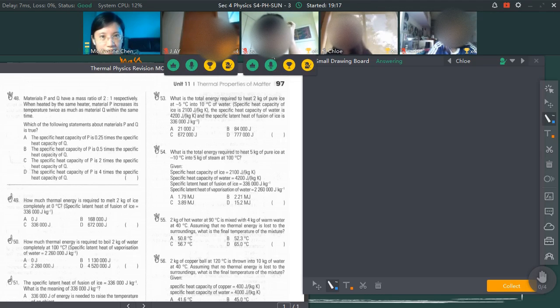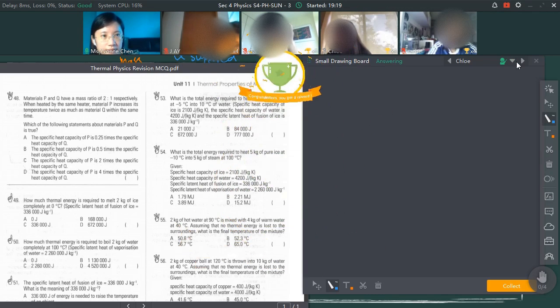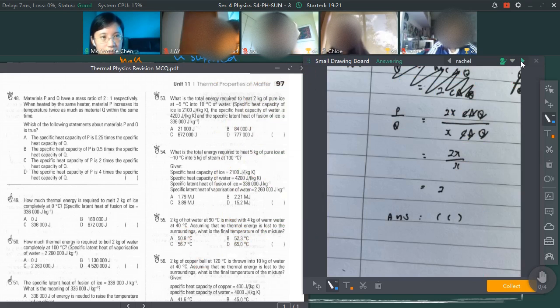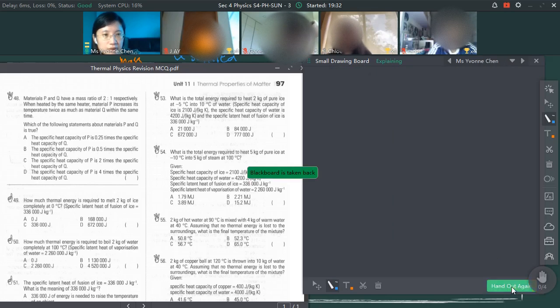Okay, so far Gareth did very well. Okay, let me show you the working now. Let's do it together. Class, I'll collect back the drawing board first.